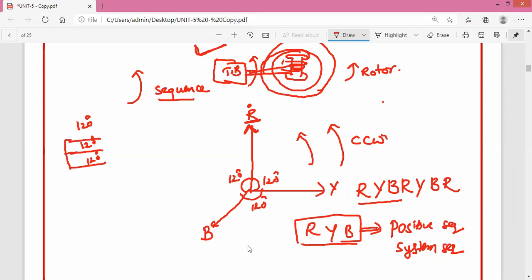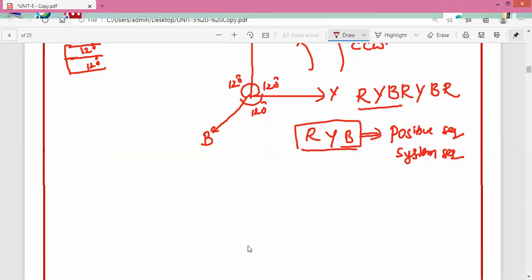So what is the definition of positive sequence components? The positive sequence components are equal in magnitude with a 120 degree phase angle, and their phase sequence is the same as the original phase of the network, or the sequence at which the system is working before the fault condition. So these are the standard sequence components.